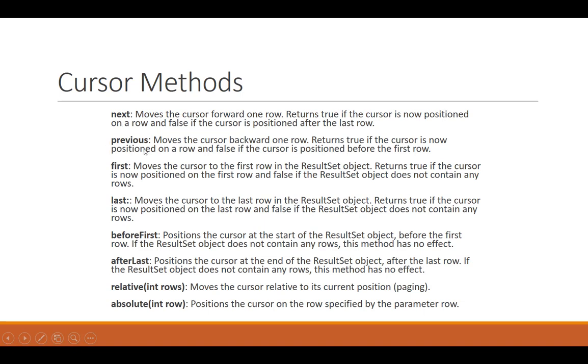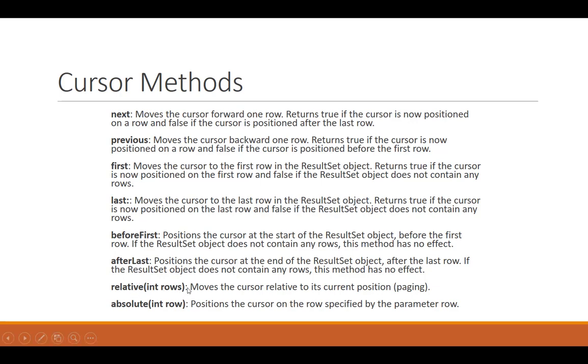If you're using forward only, the others will not be available, but the other two that support concurrency, you could call previous. If you have concurrency support, you call first to move to the first line, last to move to the last line. Before first moves you to the beginning of the result set, just as though it had just been retrieved. After last takes you to the end of the result set where you would get out of a while loop and so on.